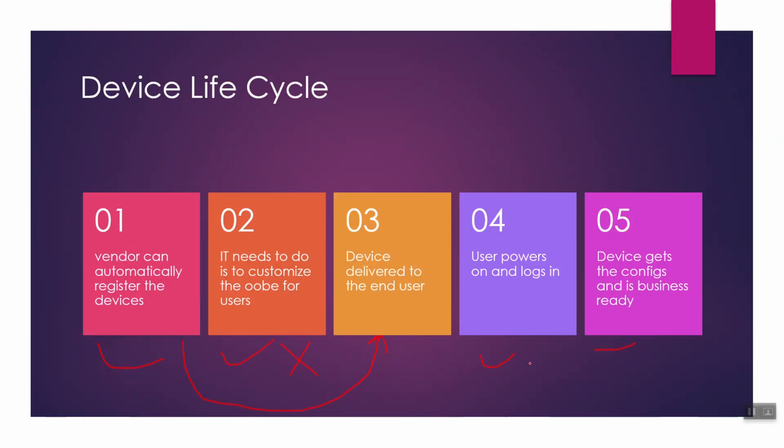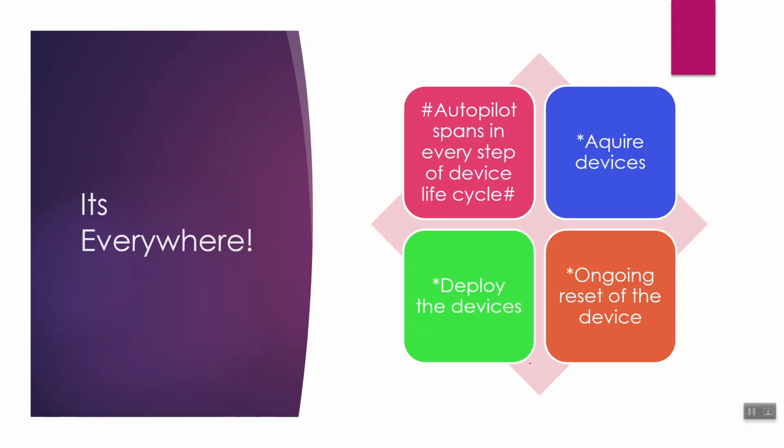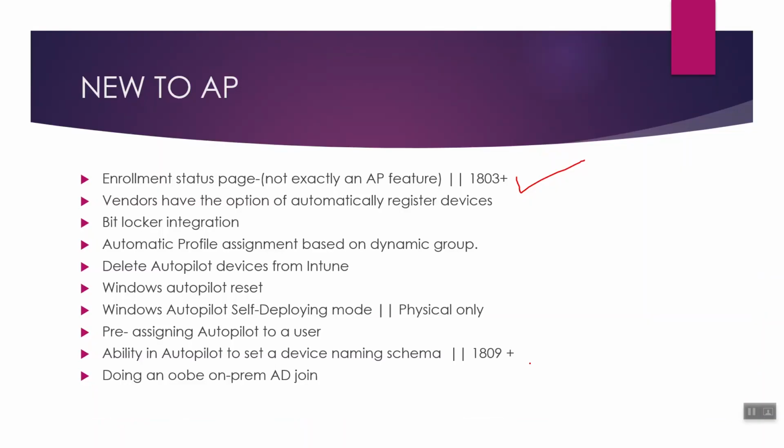So using this enrollment status page, what we can do is we can block the device in a state of limbo, meaning it's not like it's just going to get stuck on a screen. It is actually very visual, and it shows the end user what exactly is happening in the device, what exactly is the flow, and what has been installed, what is pending.